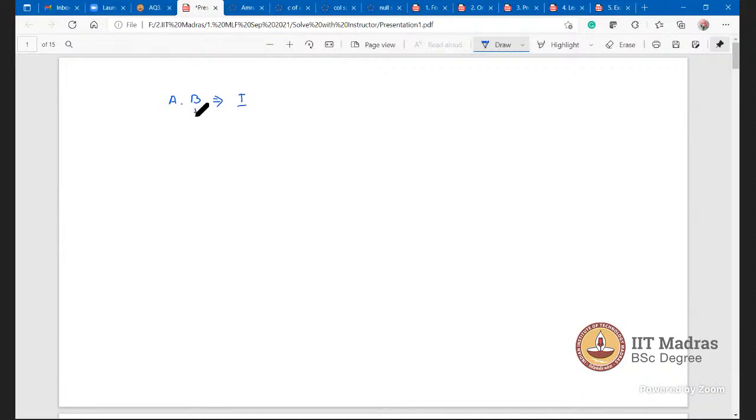This B we call A inverse. So A into A inverse gives you an identity matrix. This is the condition we mean when we say that the matrix A is invertible.